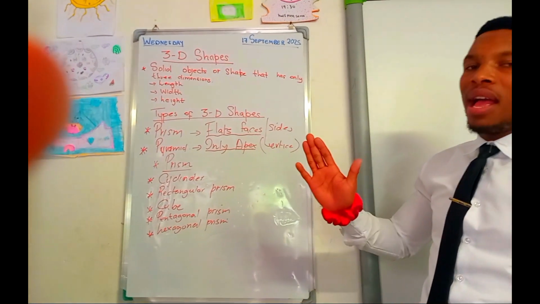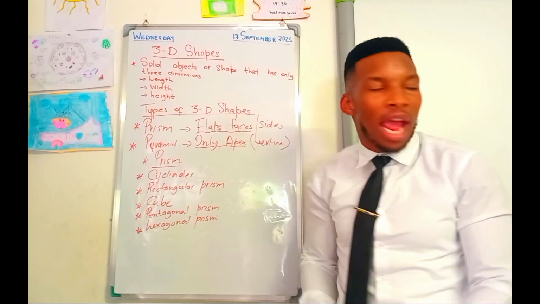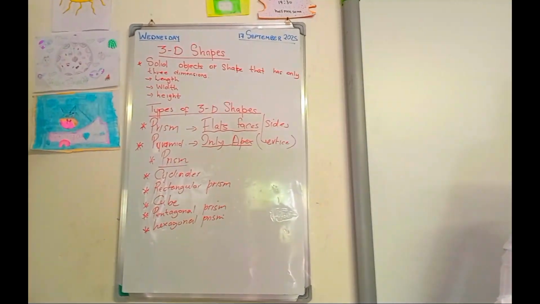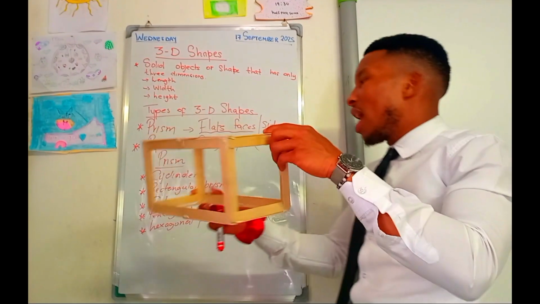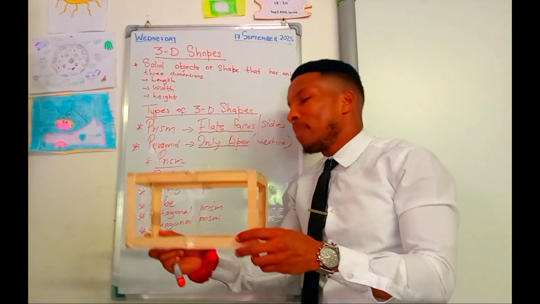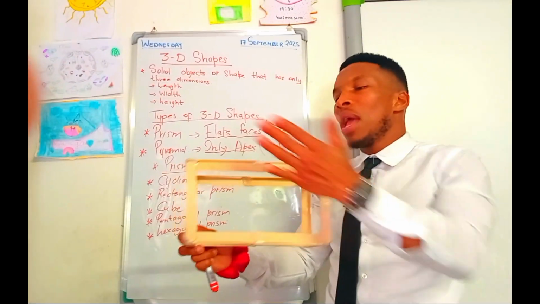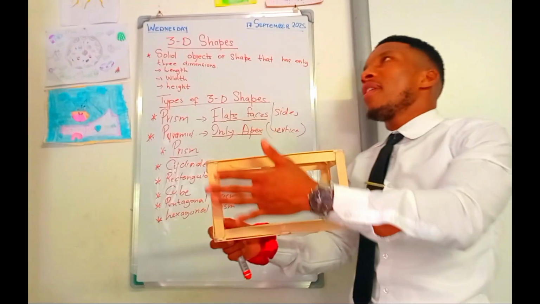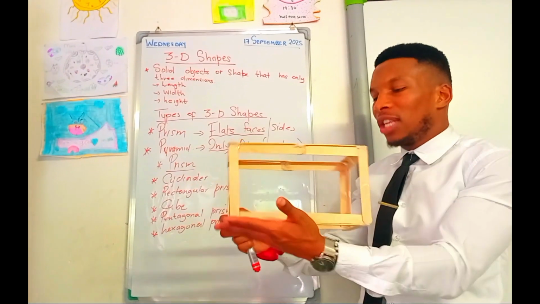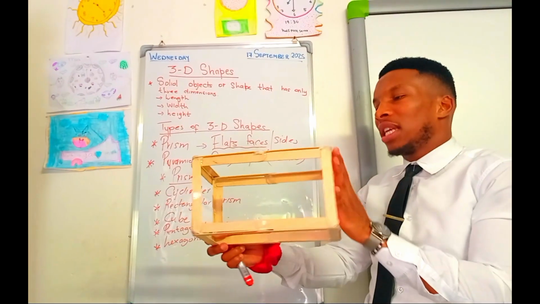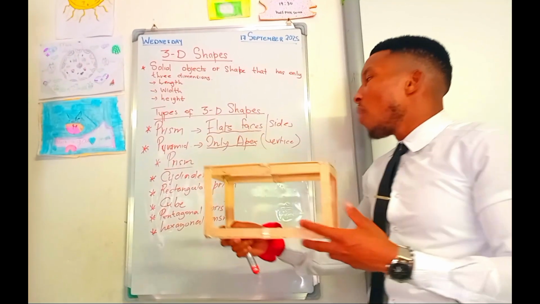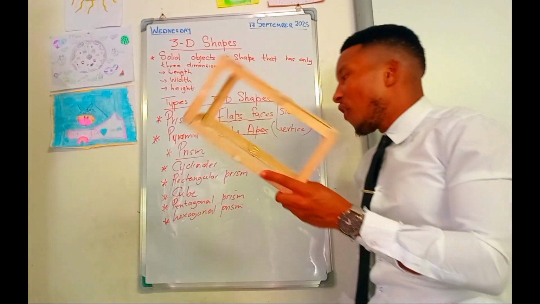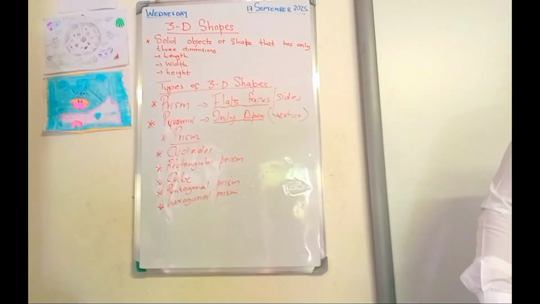Two faces. Okay. For example, here we have a rectangular prism. Why is it a rectangular prism? Because we have the rectangle faces. You see, we have rectangular faces here as well. Then we have a cube.